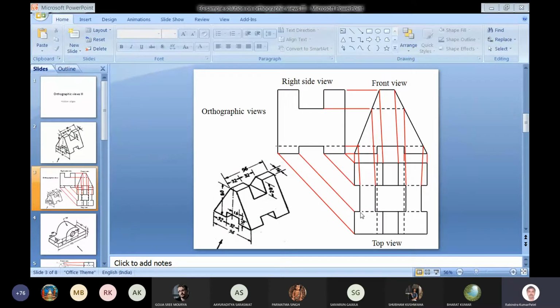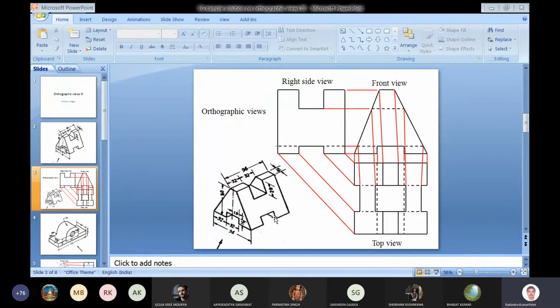So at eight places we will show the gap. So these two dash lines are corresponding to edges which are passing from the right side to left side, which is corresponding to the slot which is given.